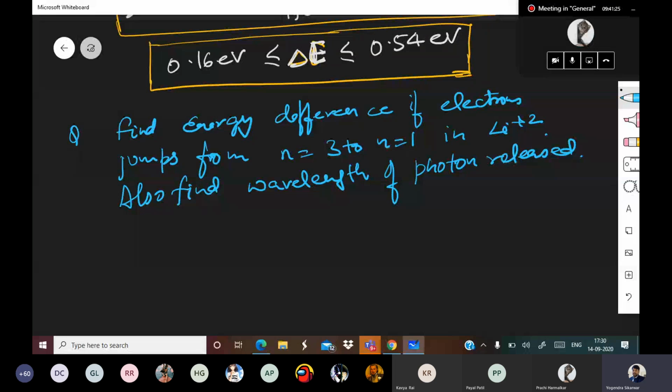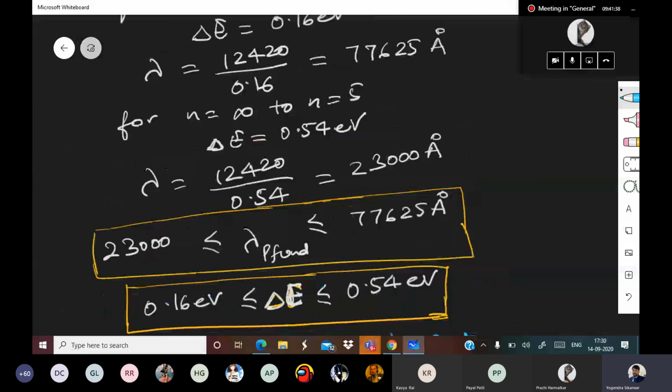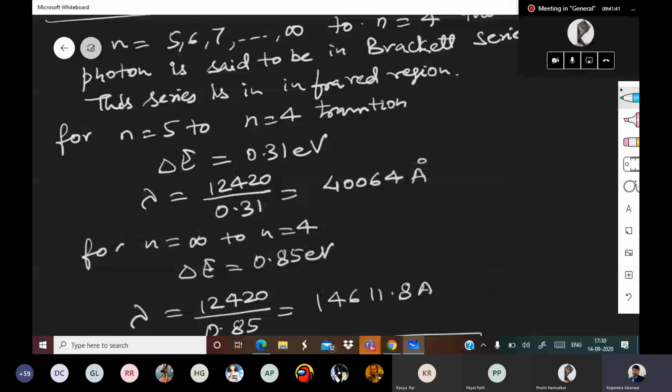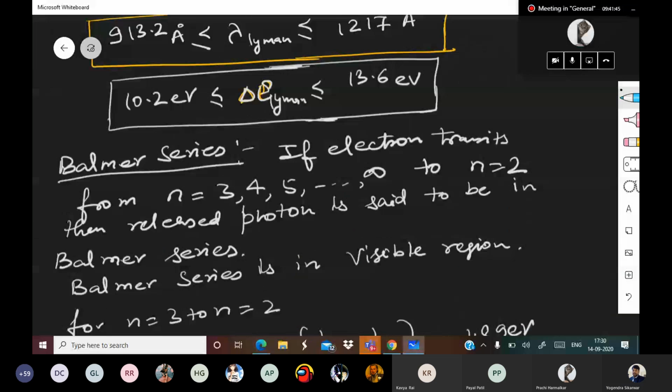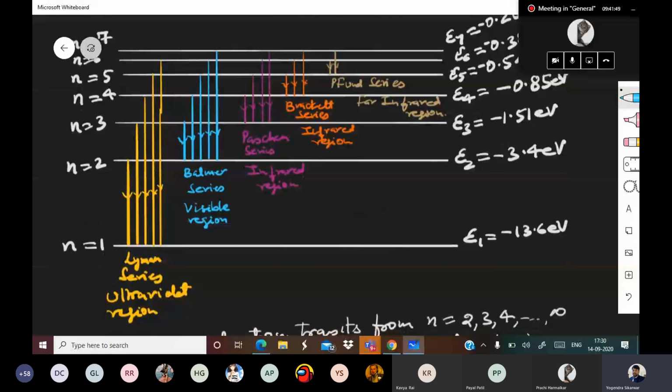Okay, everyone. What you need to do is n is equal to 3 to 1. How much was the difference for hydrogen? Pay attention. Delta E of hydrogen 3 to 1: the difference is 13.6 minus 1.51, and that comes out to be 12.09.